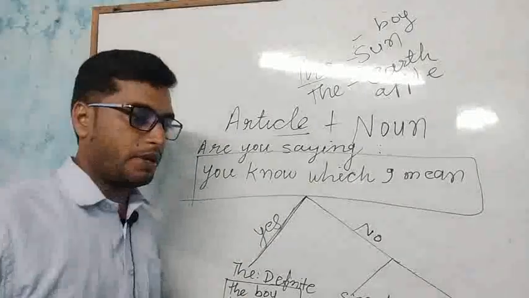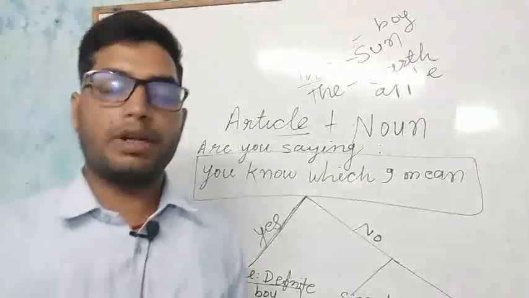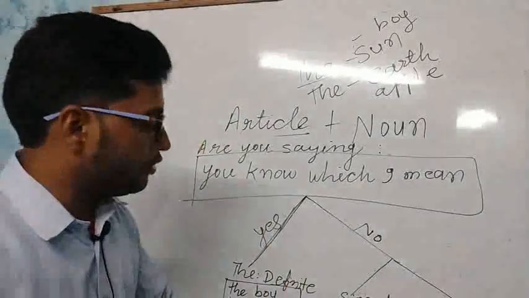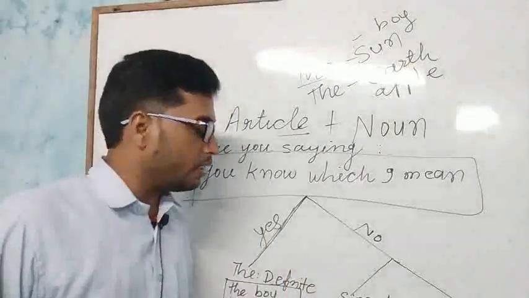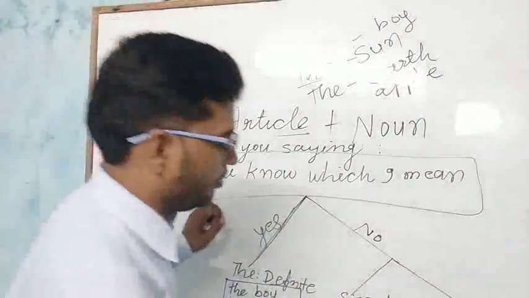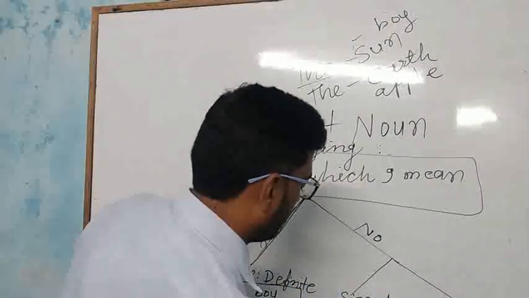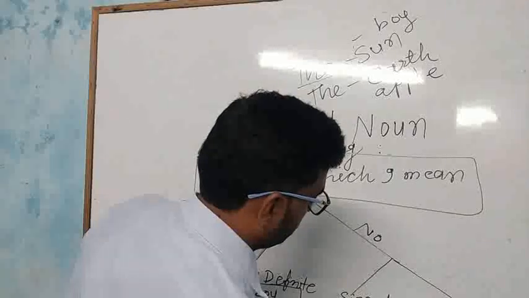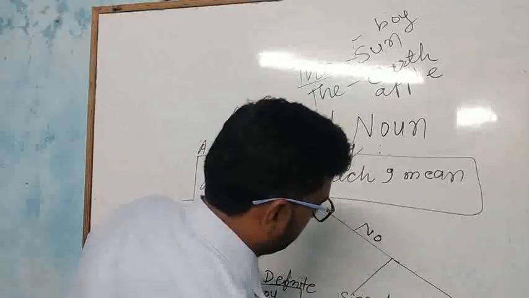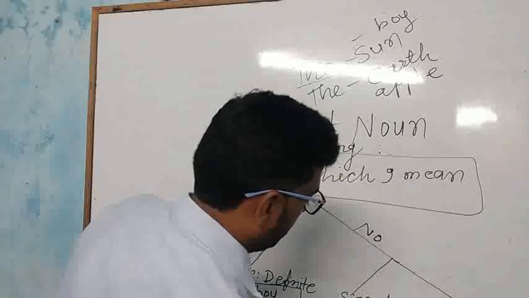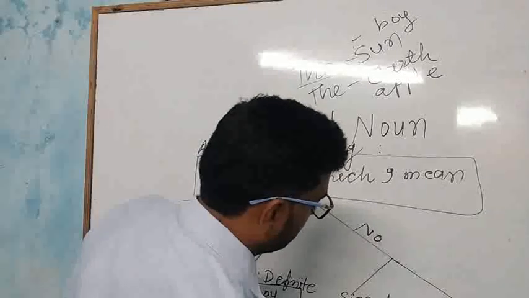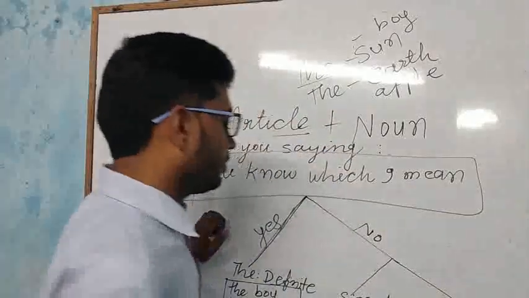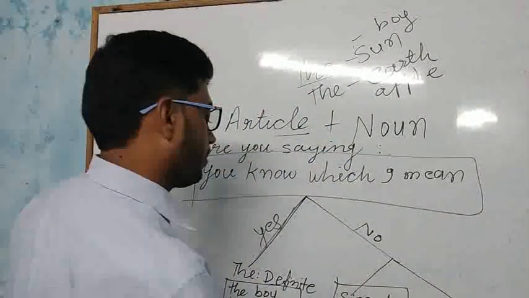If you are talking about a boy and the hearer or listener doesn't know, then the speaker will use a boy, a doctor, an engineer, right, with the singular form.